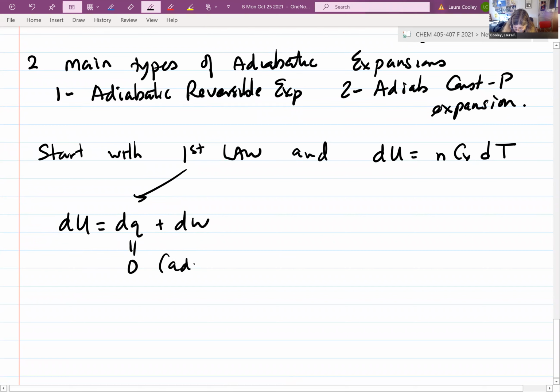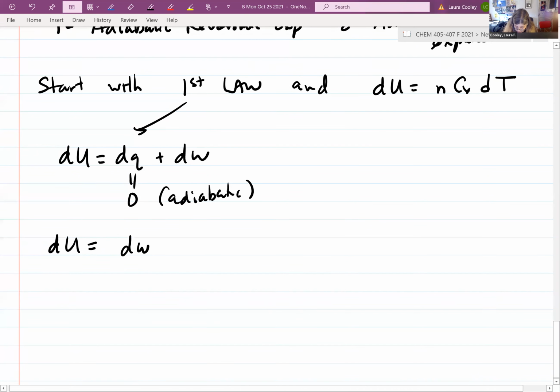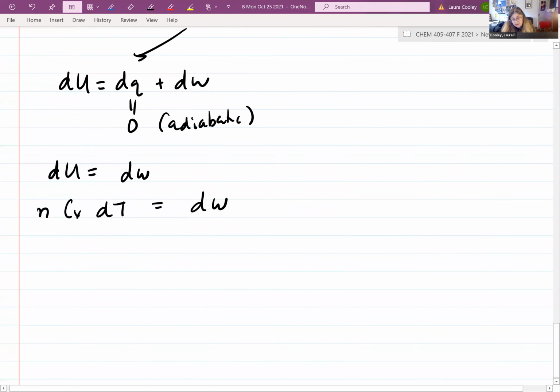Why? Because it's adiabatic. So we have dU equals dW, but dU is nCv dT. So this is where we start. Okay.